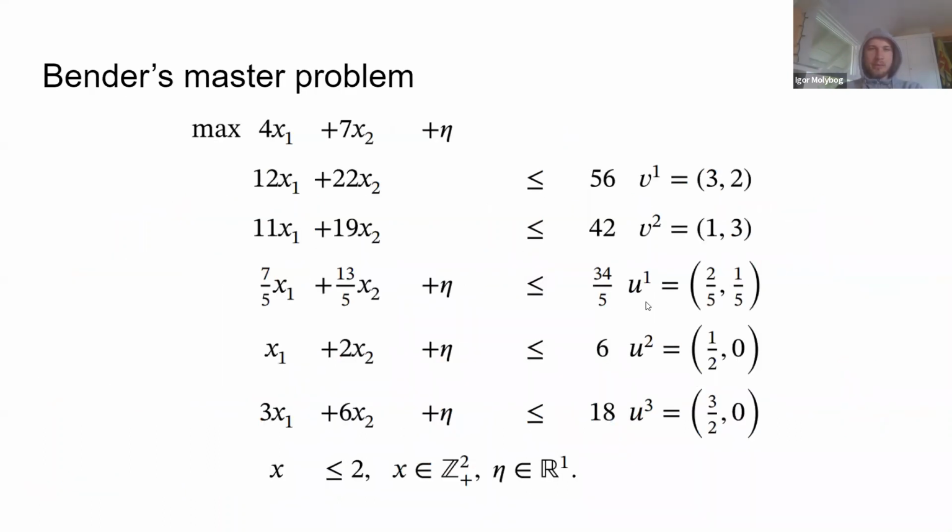Rewriting the Benders master problem, we will have 5 inequalities in total. 2 of them will correspond to the extreme rays, v1 and v2, and 3 of them will correspond to the extreme points, u1, u2, and u3.